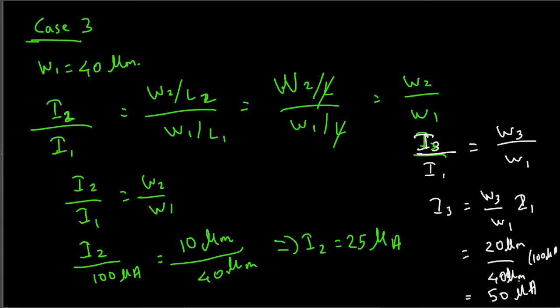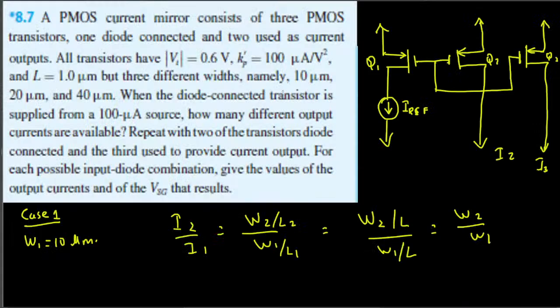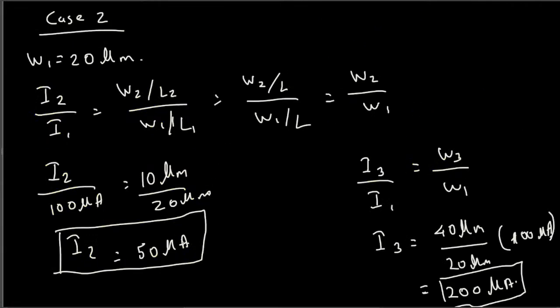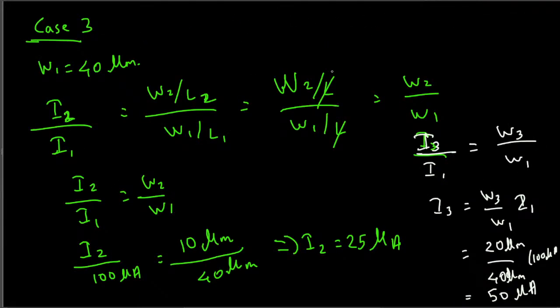We have 3 different cases, and we are getting 4 different currents as output. Some of them are repeated, so we can just mention each as one. Here we are getting 200, 400, and then 50. This 200 is already there, so 200, 400, 50, and 25; 50 is already there.